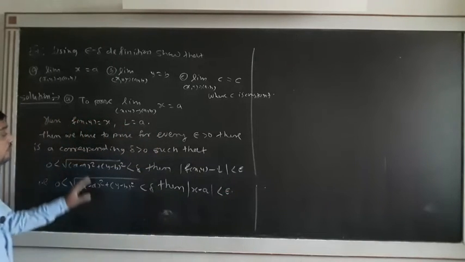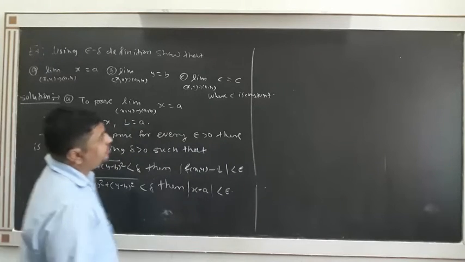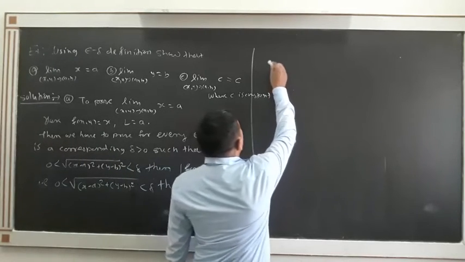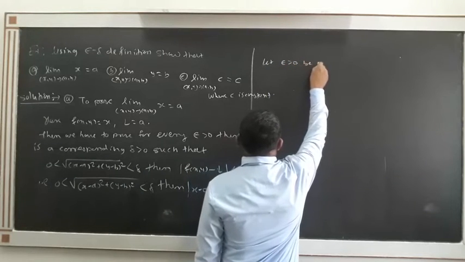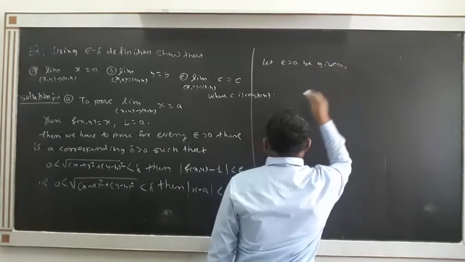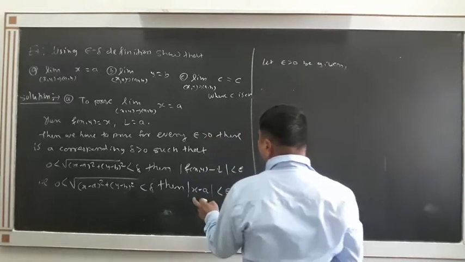That is what we have to prove. So how do we prove this? Let epsilon greater than 0 be given. Then what do we have?